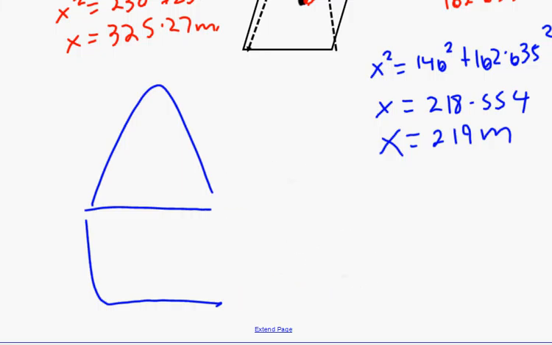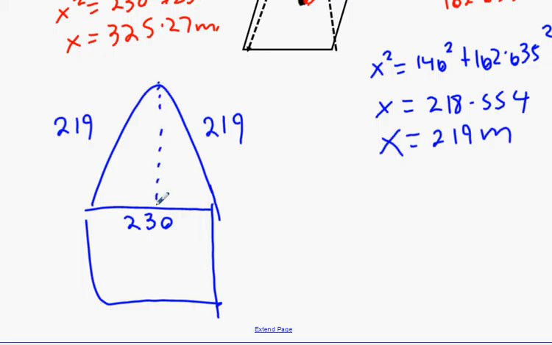I only need to draw one of them because they're all the same. What's the base? 230. What's the slanty edge? 219, and the other slanty edge is 219 too. What type of triangle is this? Isosceles.